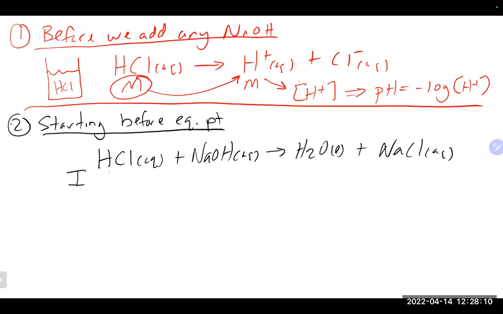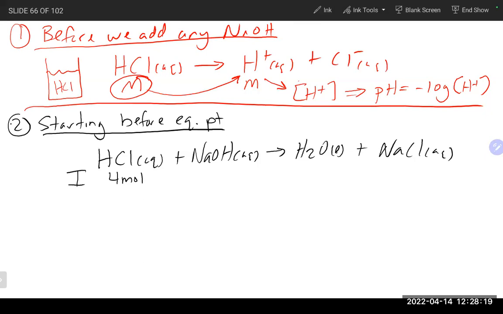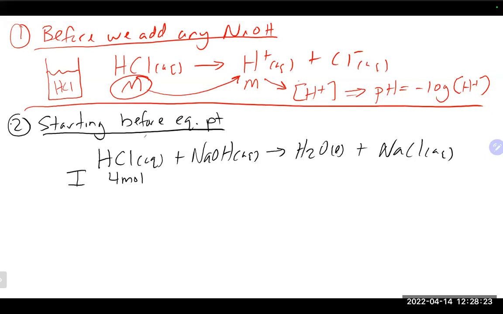I'm going to start with 4 moles of HCl. Again, I just made up the number. So what we want to think about is this. If we are before the equivalence point, this is clearly what we are starting with, and this is clearly what we are adding from the burette.